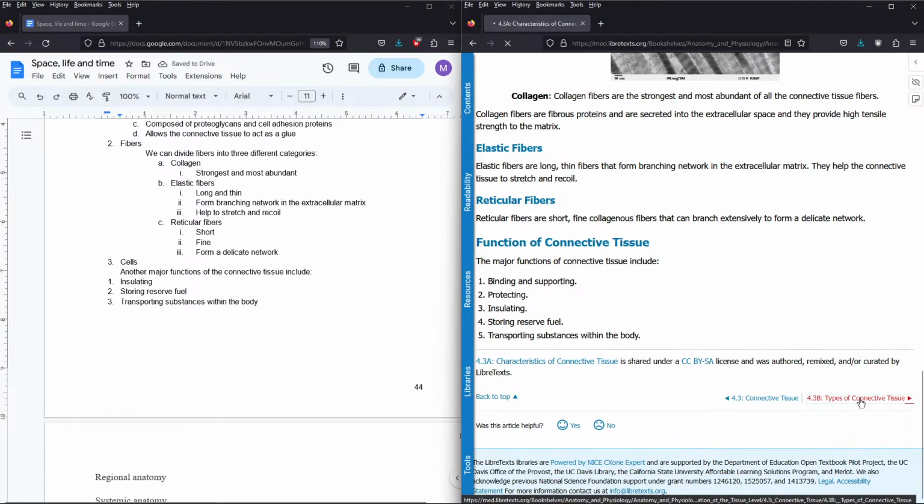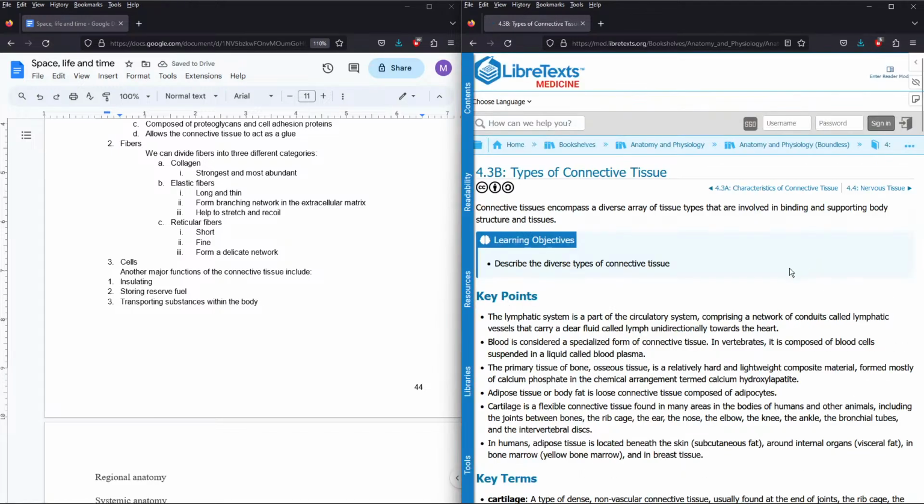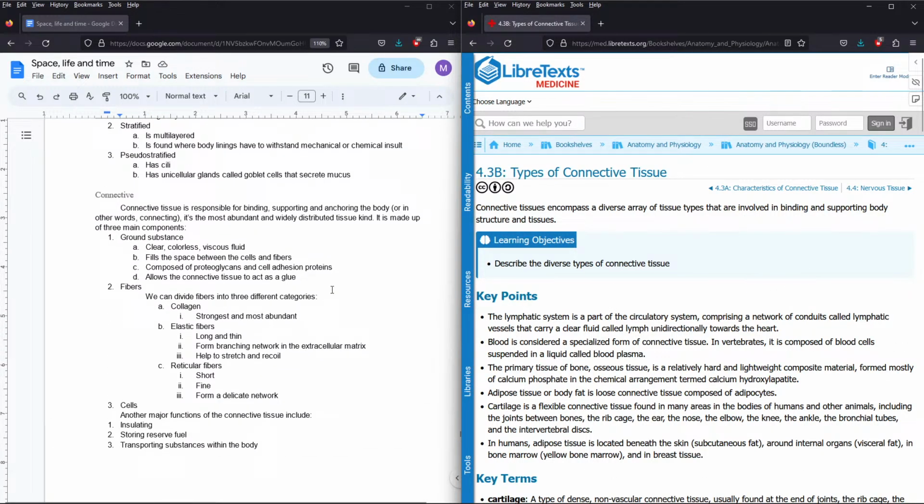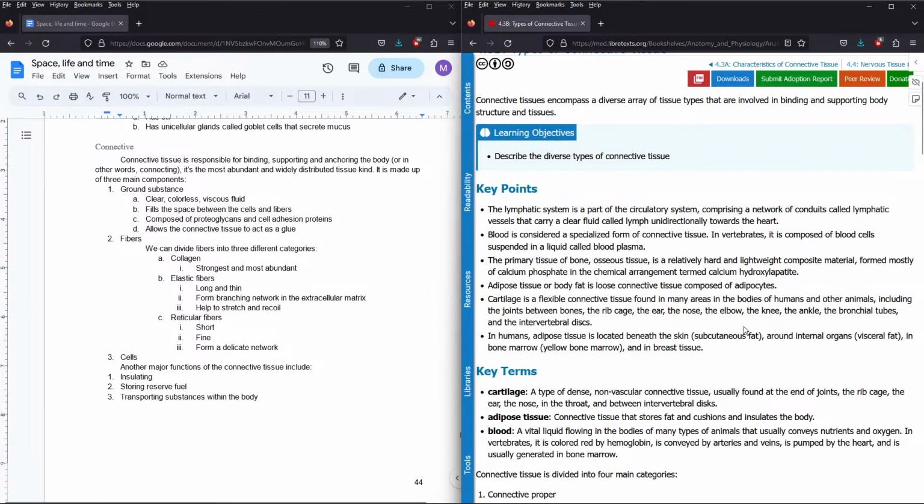Neat. Types of connective tissue. Didn't we just cover that? Oh, no, we did not. The lymphatic system is part of the circulatory system, comprising a network of conduits called lymphatic vessels that carry a clear fluid called lymph unidirectionally towards the heart. Blood is considered a specialized form of connective tissue.